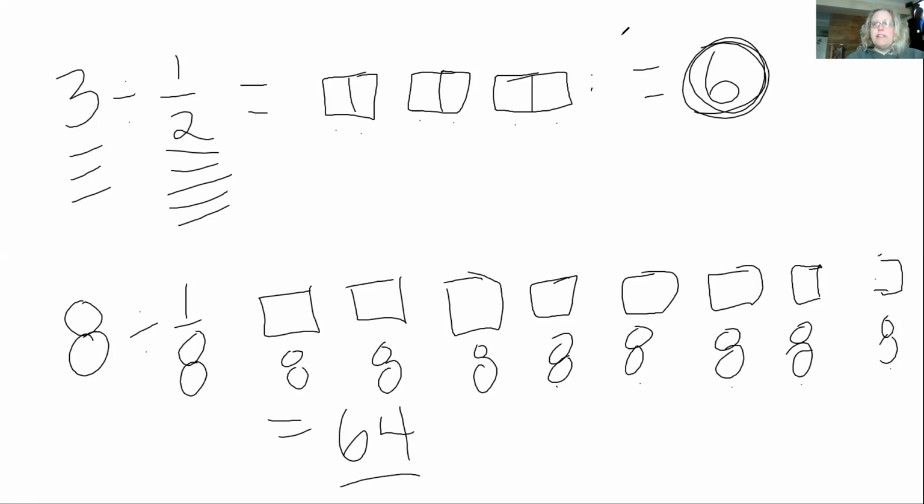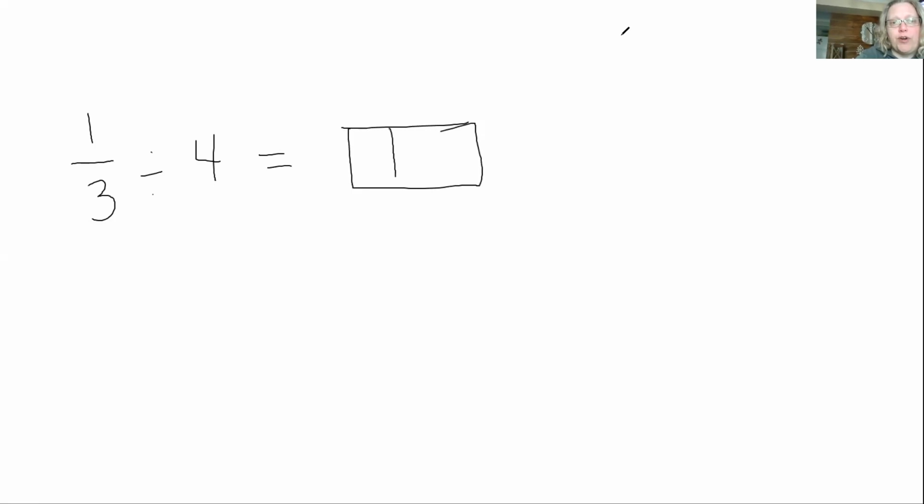So let's clear drawings and let's see what happens when you have now a fraction divided by a whole number. So now let's go and do 1/3 divided by 4. So if we think about this in picture terms, what we have is, again, I'll do a bigger rectangle here. So we have our third.